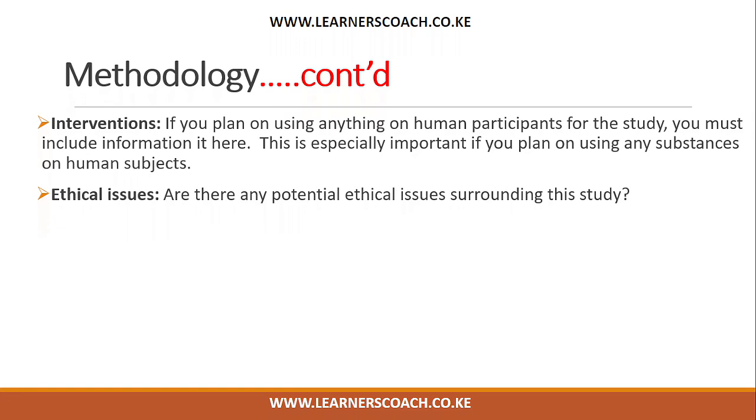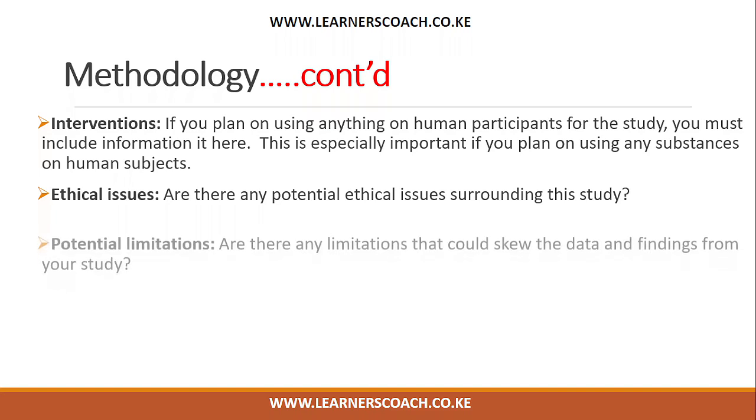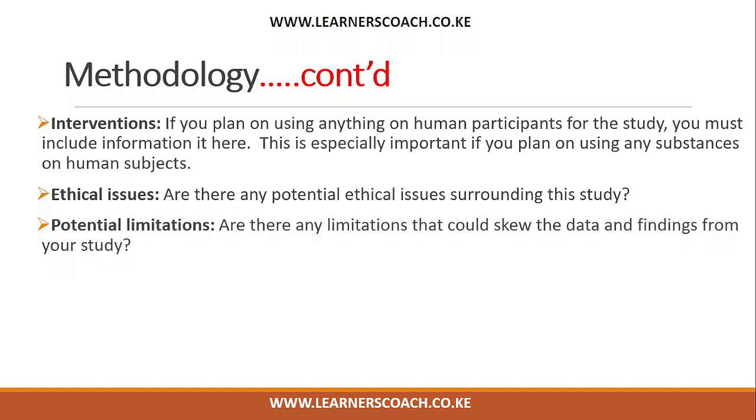Also, you need to factor in the ethical issues, right? Are there any potential ethical issues surrounding your study? And of course, lastly, you can also have potential limitations. Are there any limitations that could skew the data and findings from your study?